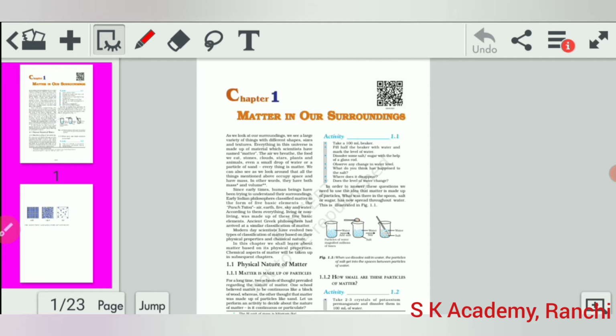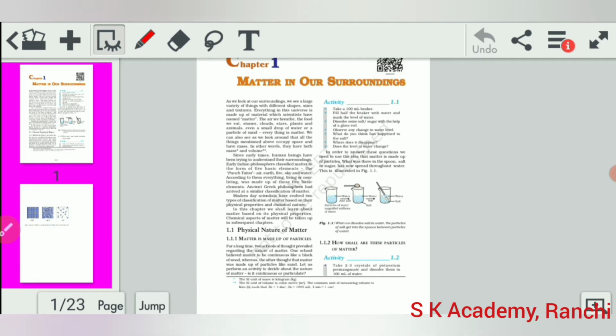That is how matter changes from solid to liquid and to gaseous state, and then how gaseous state converts into liquid state and then back to solid state. So this interconversion of matter we will learn, and what are the factors that determine these interconversions of states of matter. We will learn this.